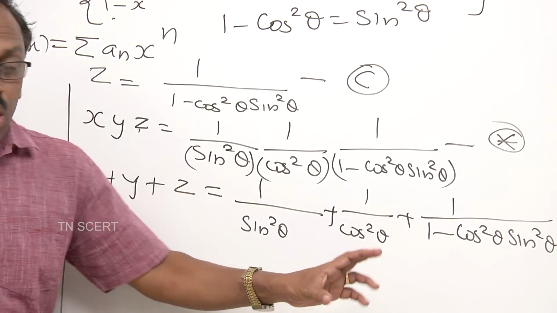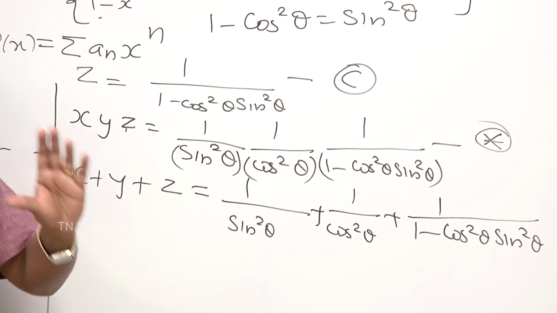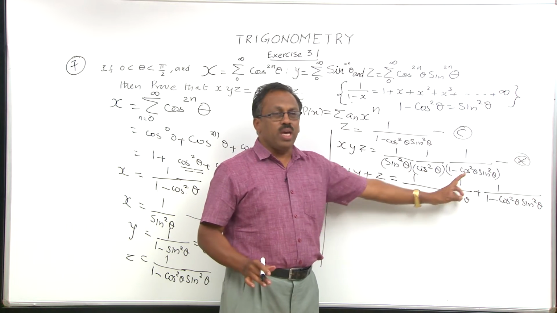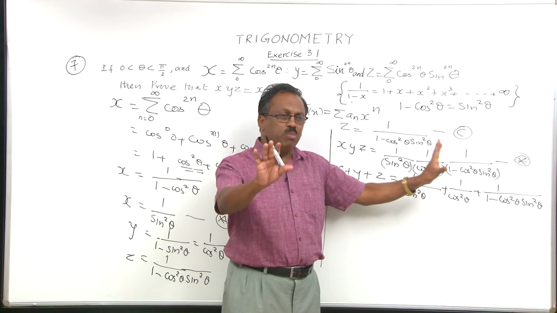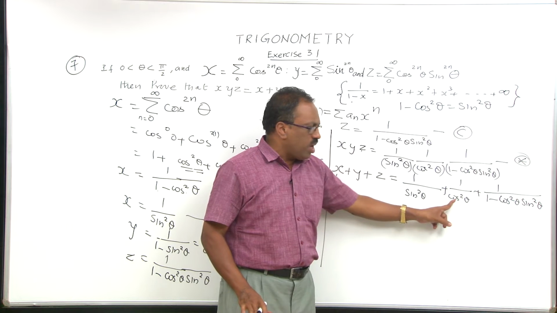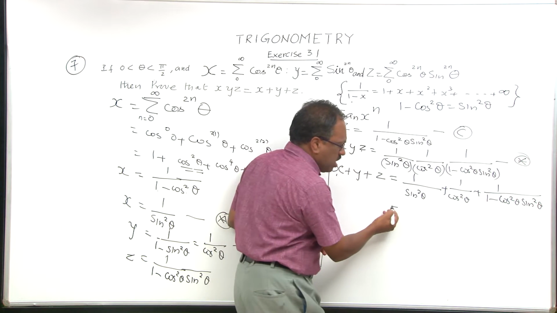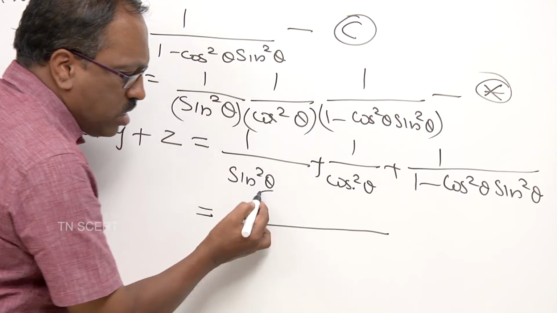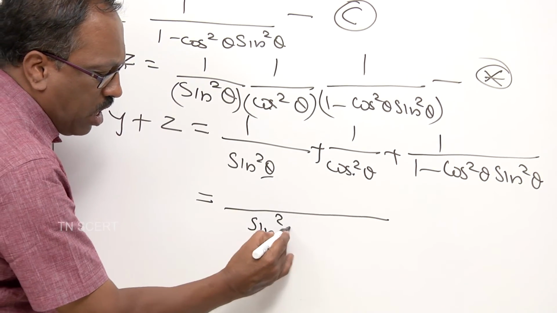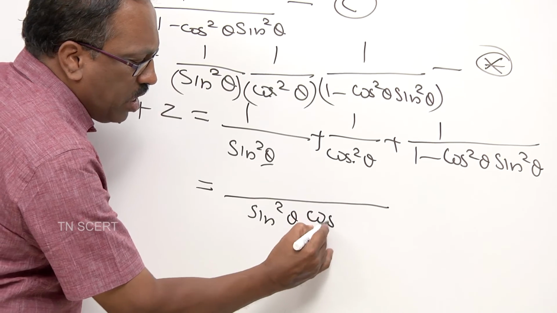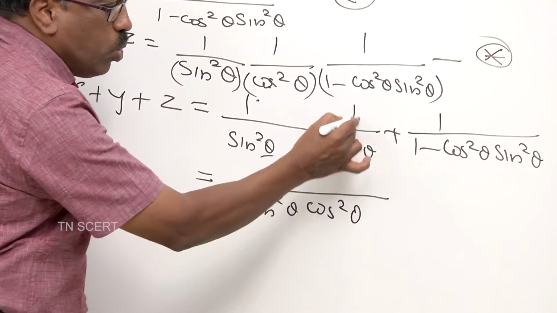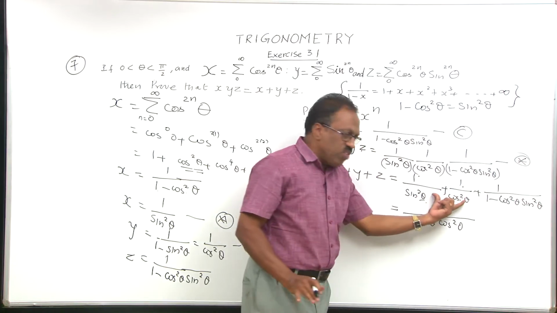Here you have to see very carefully. The previous one was simple multiplication and we obtained the result. Now you have to carefully look at this result by taking sin square theta and cos square theta. Taking LCM for these two only, not here, only for the first two.